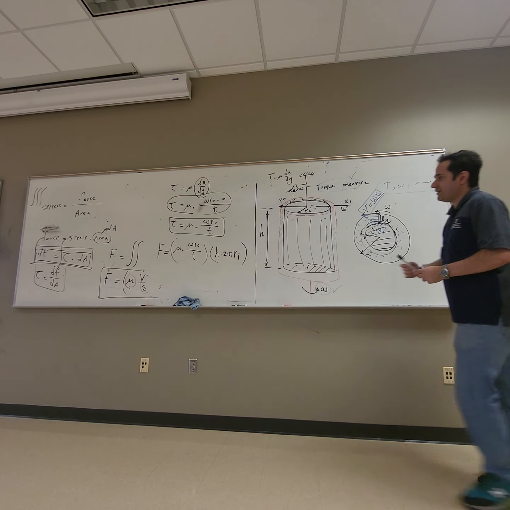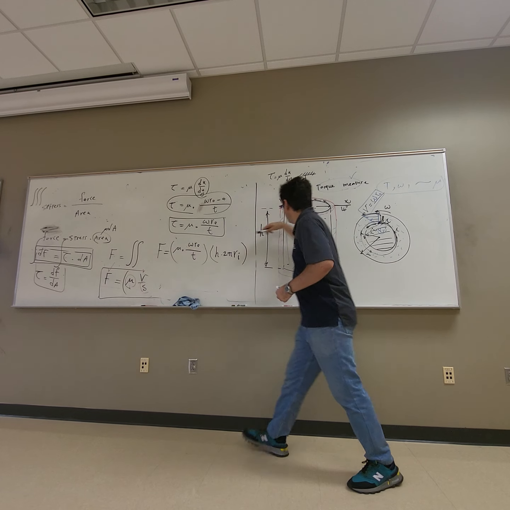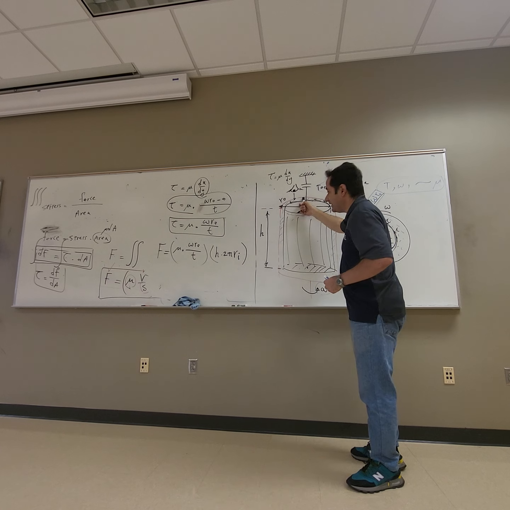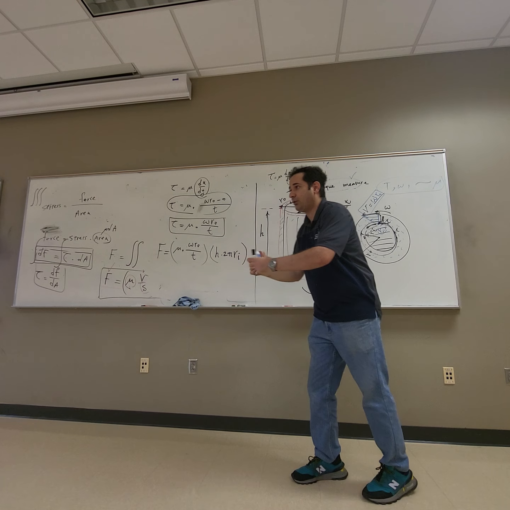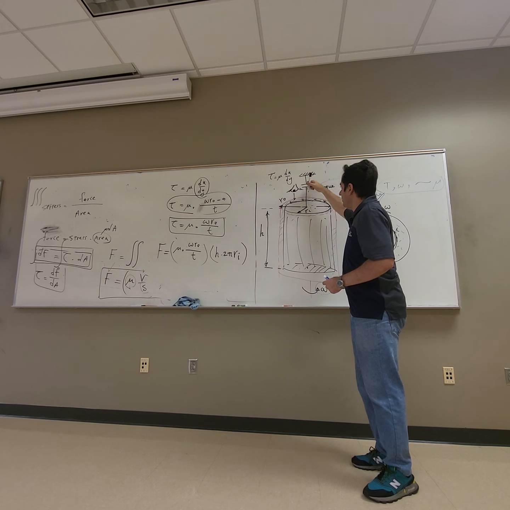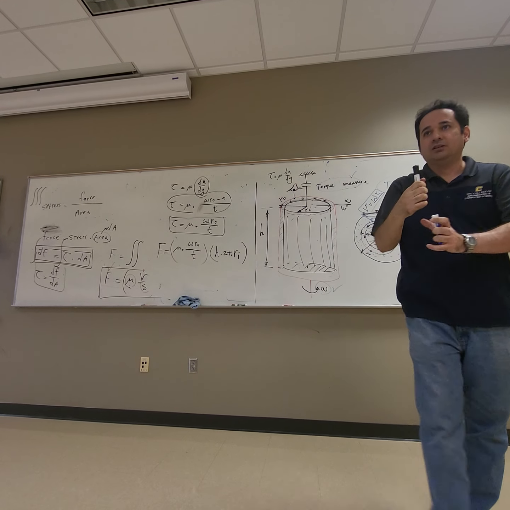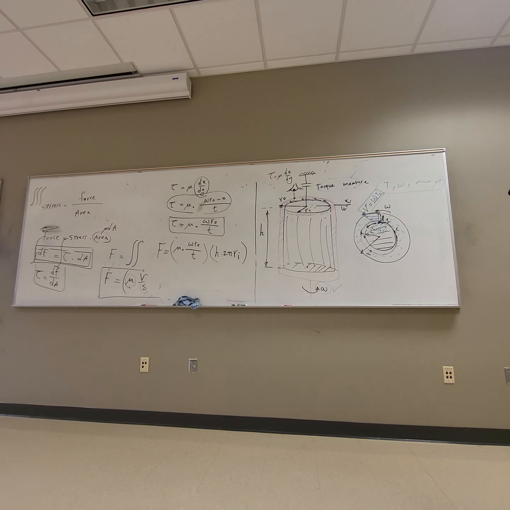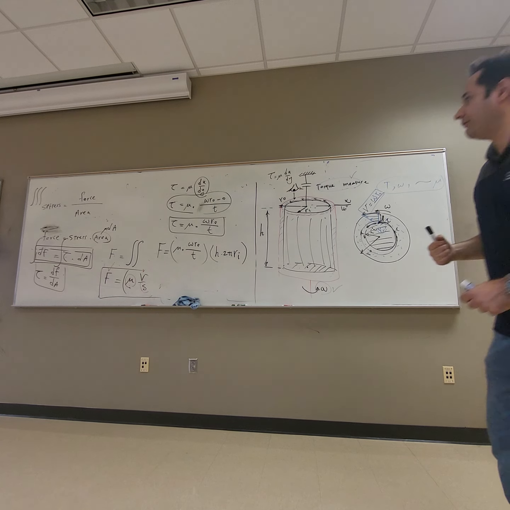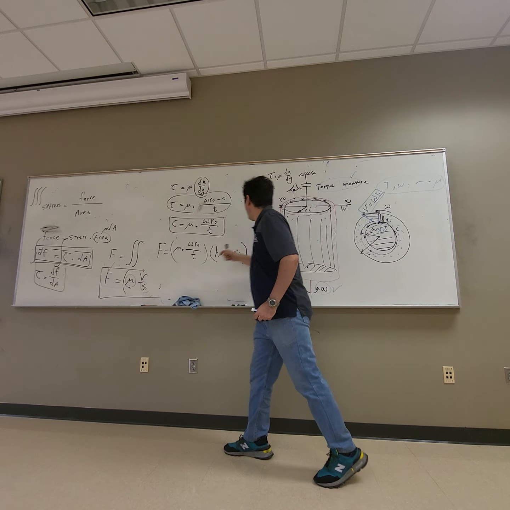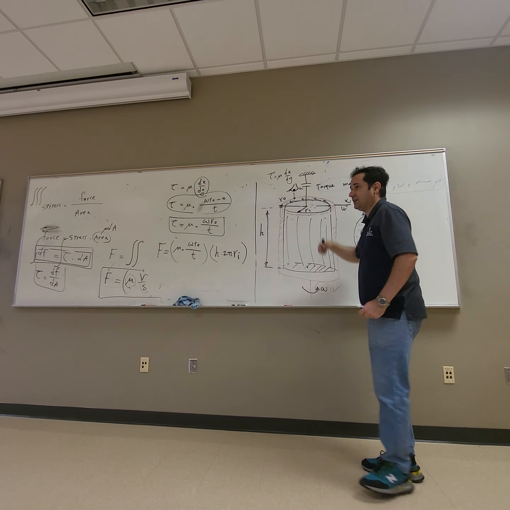Okay? So that's a force. That's the entire force on the surface of the inner cylinder. But I'm not measuring the force on the surface of the cylinder. What am I measuring? The torque. So how can I convert this force to the torque on the center of the inner cylinder?